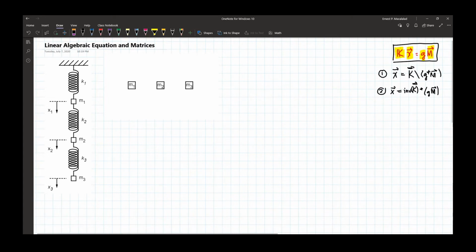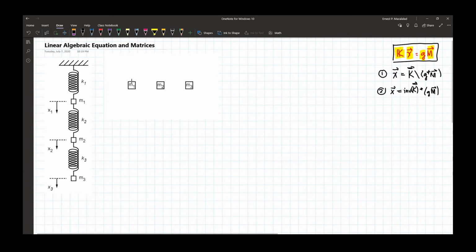So that means each particle will experience not only the spring force associated with the springs connected to it, but as well as the weight of that particle. Okay, so for example, for M1, there are three forces on M1.